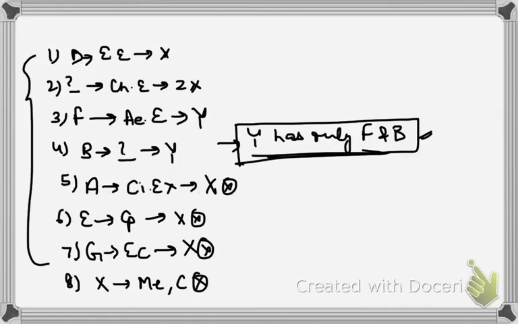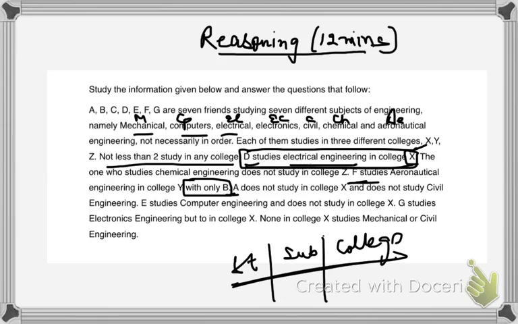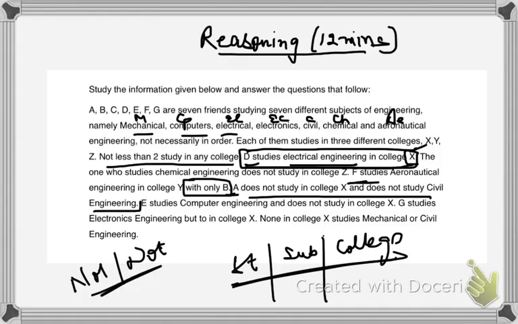Now, talking about statement 5. You can see that it is written like A does not study in college X and does not study civil engineering. This information is completely in the form of not and not. It is again a useful statement, because it gives you knowledge about a student and the subjects and college he is not studying.